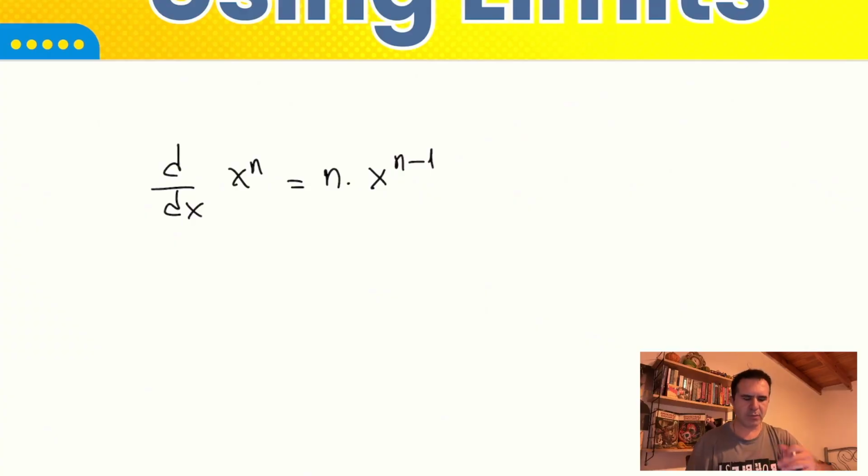Now, let's see why the derivative of x to the n is n times x to the n minus 1 using the limit definition.